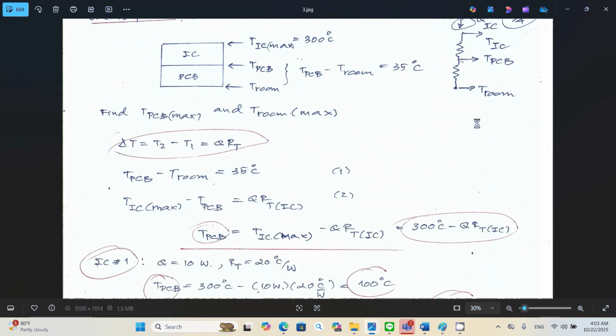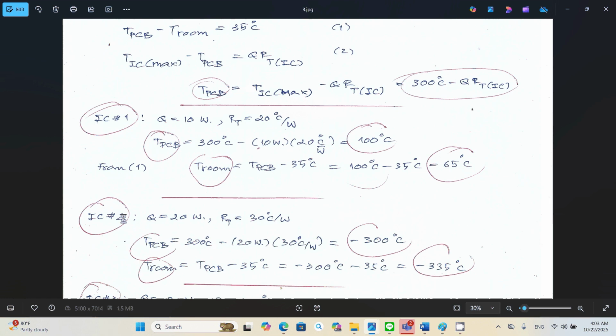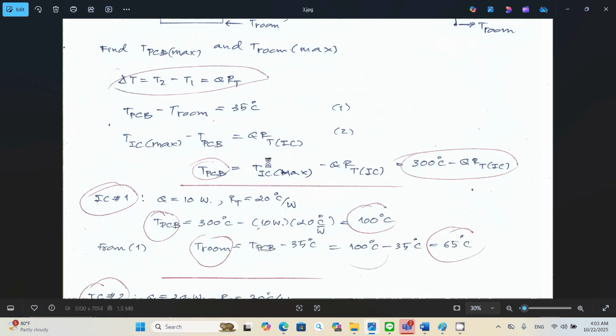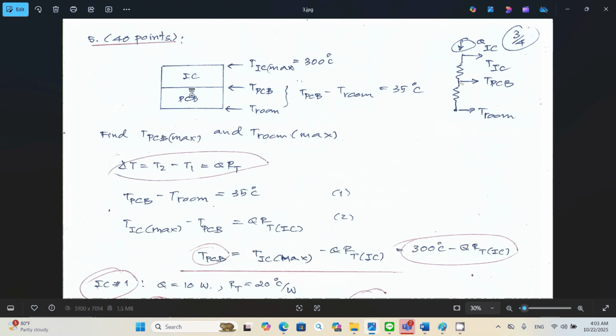So you take a look into three cases: IC number 1, IC number 2, and IC number 3. But you need to set up the equation. Well, this is your IC and your PCB, and your T IC max, or the maximum temperature at which your IC can operate, is 300 degrees Celsius.